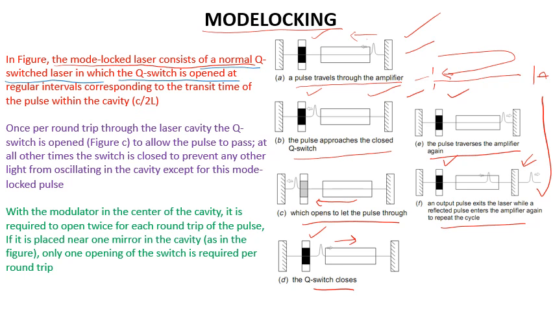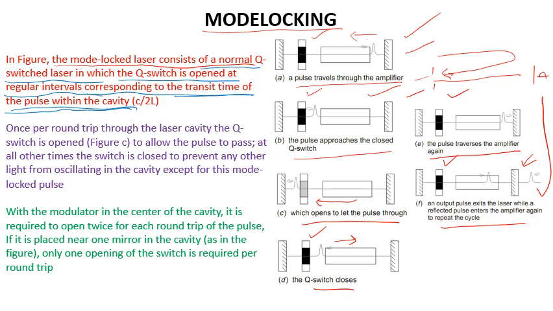The Q switch is opened at regular intervals corresponding to the transit time of the pulse within the cavity. Open, close, open, close. It depends on the configuration of the Q switch.